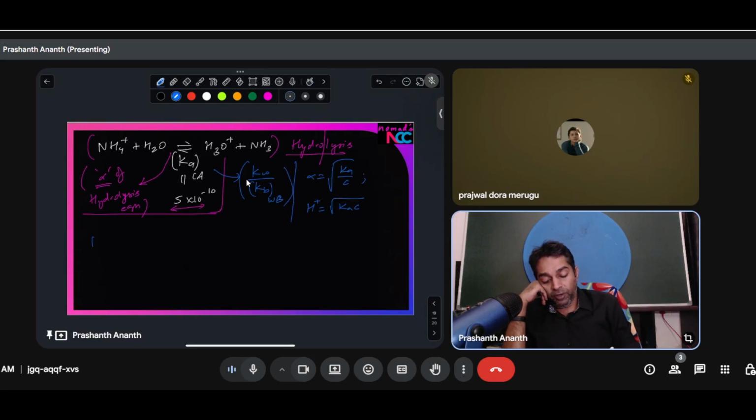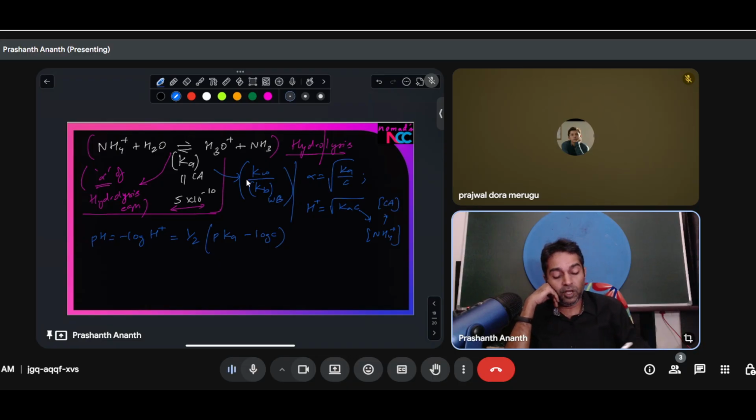So pH, if I calculate, is minus log of H plus concentration, which works out as half into pKa minus log C. In this case, what is C? C is the concentration of NH4 plus ion, which is my concentration of conjugate acid.